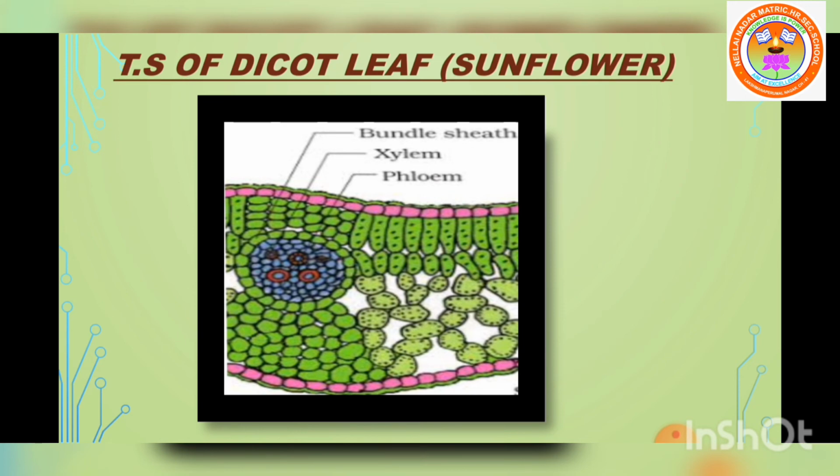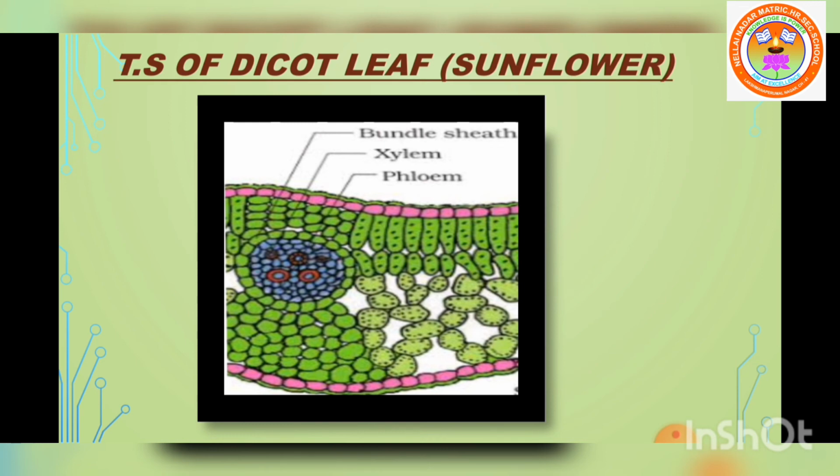So in dicot leaf, vascular tissues are present in the veins of leaf. Vascular bundles are conjoined, collateral and closed. Xylem is present towards the upper epidermis while the phloem is towards the lower epidermis. Vascular bundles are surrounded by a compact layer of parenchymatous cells called bundle sheath or border parenchyma.